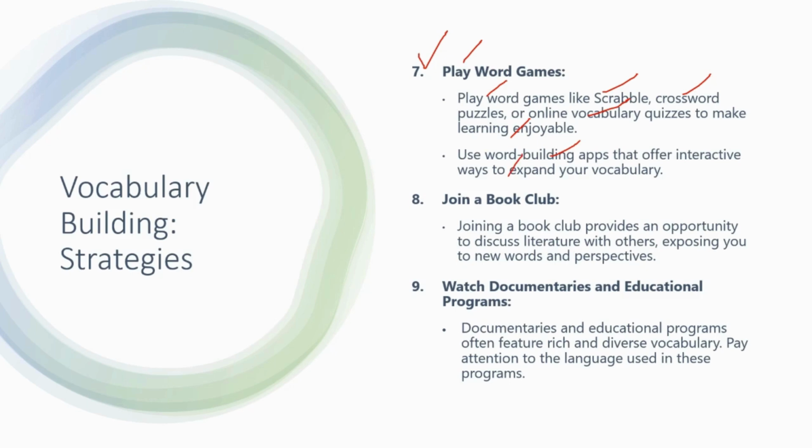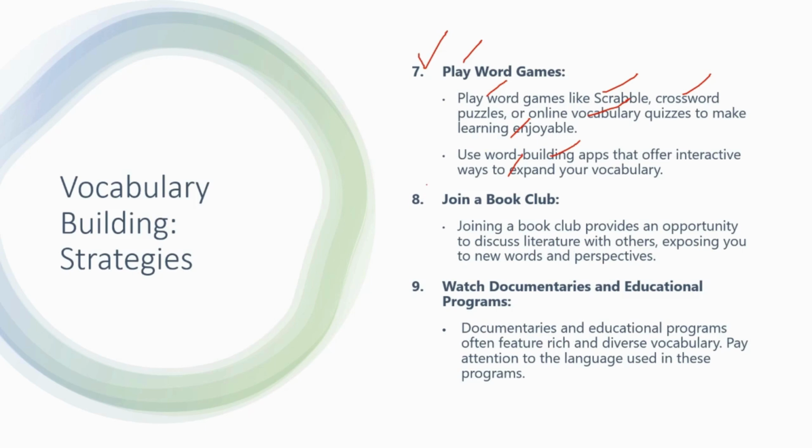So this is one of the interesting ways of enhancing your vocabulary. There are different mobile apps and different games like Scrabble or crossword puzzles that you can use to construct words. You can also use some mobile apps that help you enhance or build vocabulary.